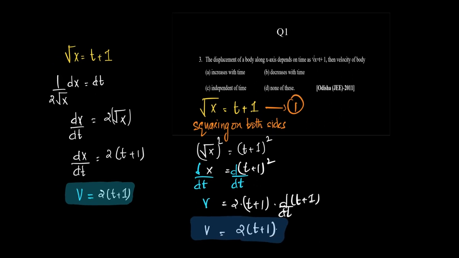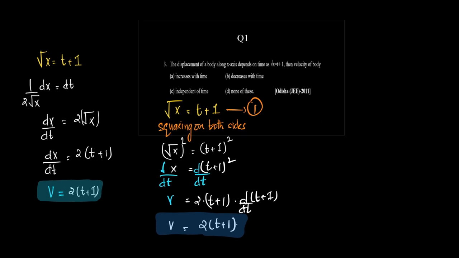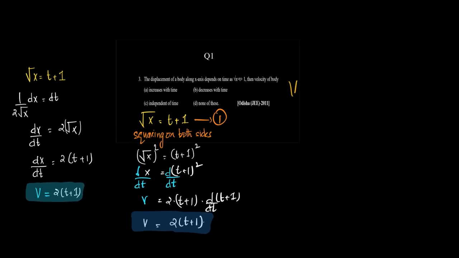Now, coming to the options. What we need to understand is that what we have derived is v is equal to 2 into t plus 1. Now, if you try to understand this in the conceptual way, let's take this: v is equal to 2t plus 2, right?